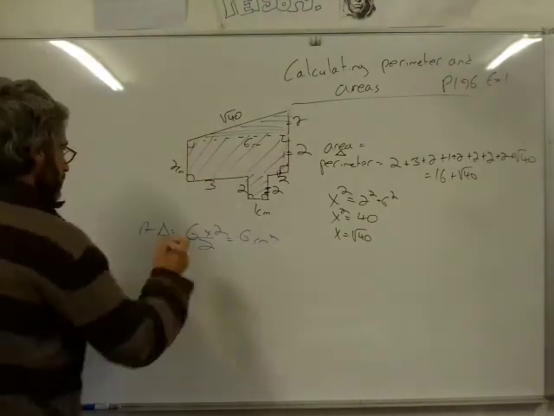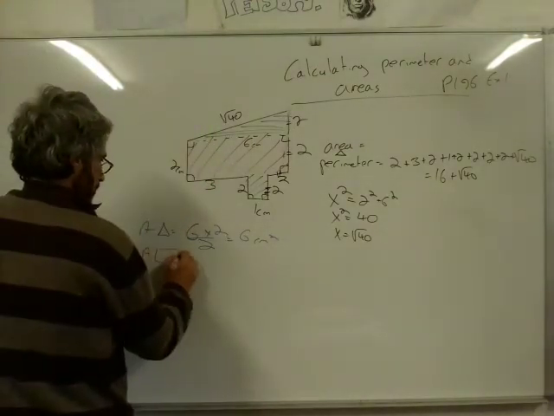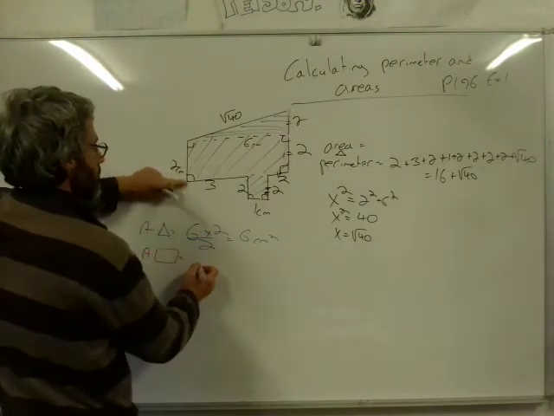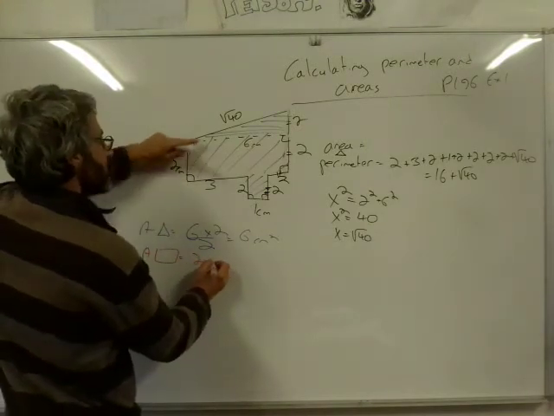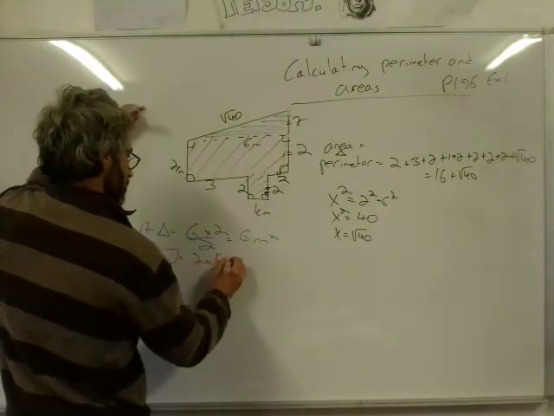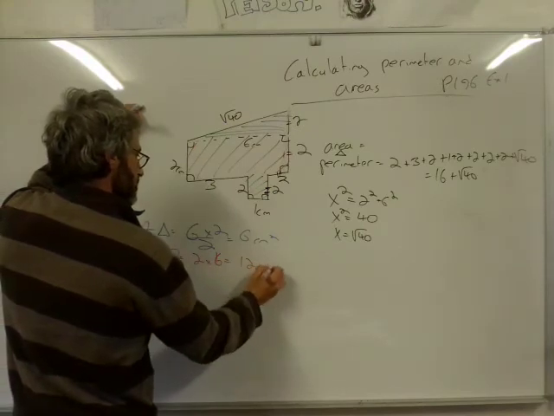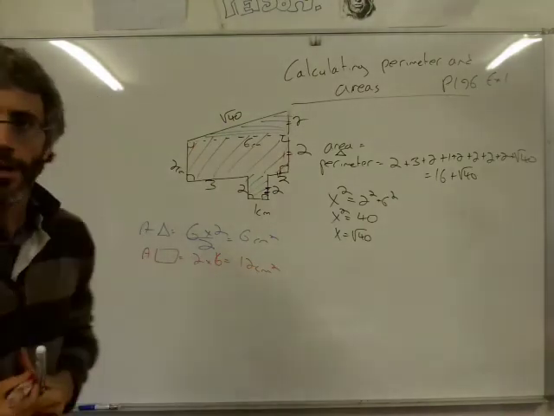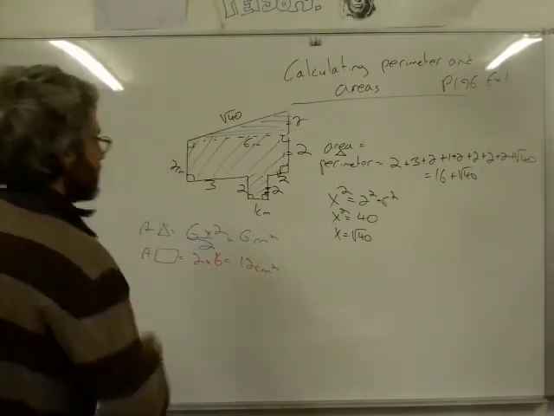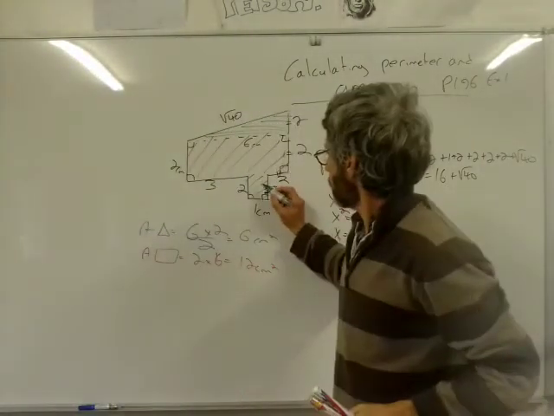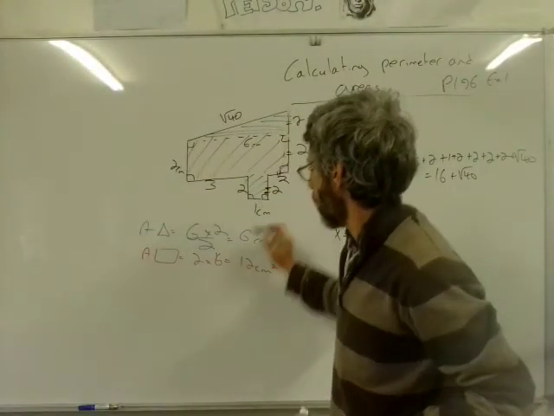Next thing, the rectangle. Okay, area of rectangle, the big rectangle. Okay, 2 times 6. So we get 12 centimeters squared. Okay, and then finally, the small rectangle. Okay, I know that the sides are 2 and 1.